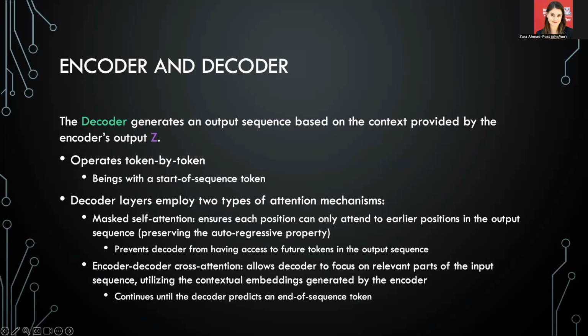All right. So now our decoder. Our decoder is going to take the sequence that our encoder generated, and then it's going to do some other transformations and get something back out of it, right? So that's again going to work token by token. And then our decoder layer is going to have one of two types of attention mechanisms. Either we can do a masked self-attention, where each position can only attend to earlier positions in the output sequence.